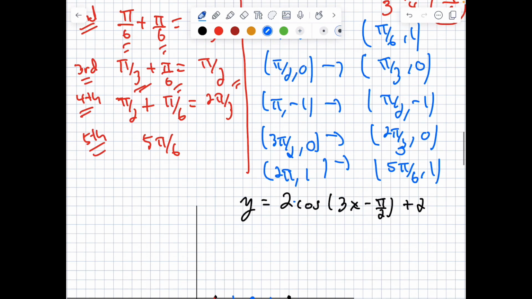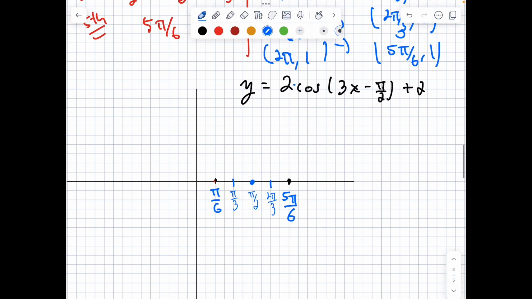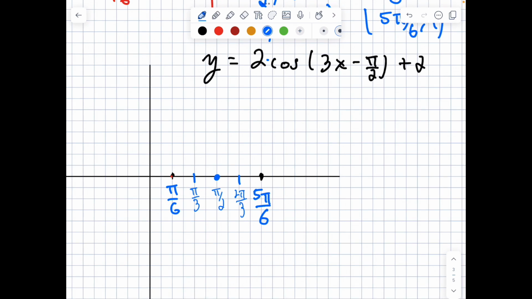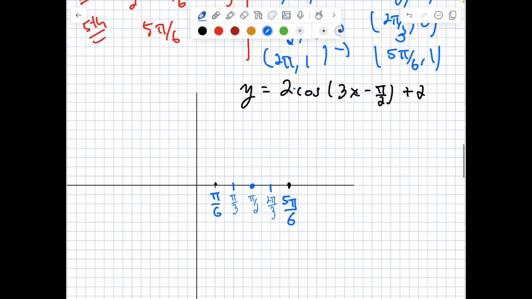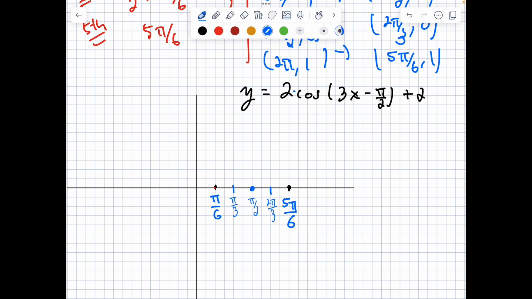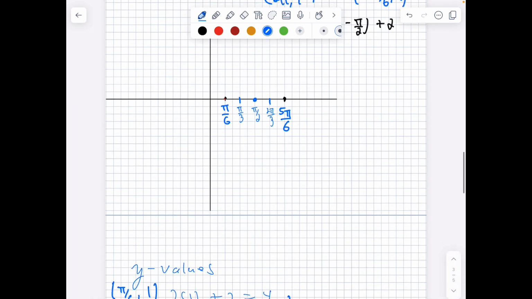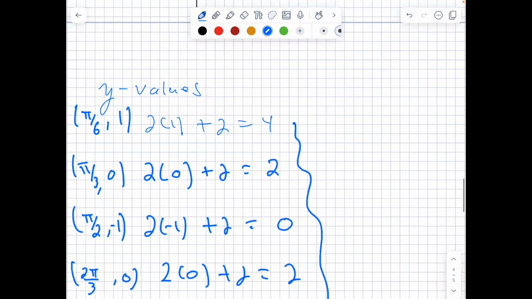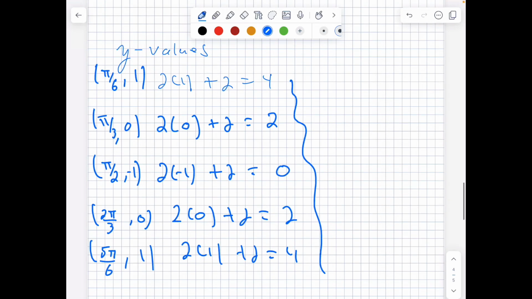However, there's also some y values that we've got to take care of. And this, I just wrote out the points that you'd have here. And we're going to have some new y values because the 2 that you see in front of that function multiplies the y values by 2, and then you're adding 2. So how do I get those y values? Well, here's what you do. I'm going to take each of the points that I just wrote, and I'm going to take each of the y values, and this is what you do with any graph, this applies.